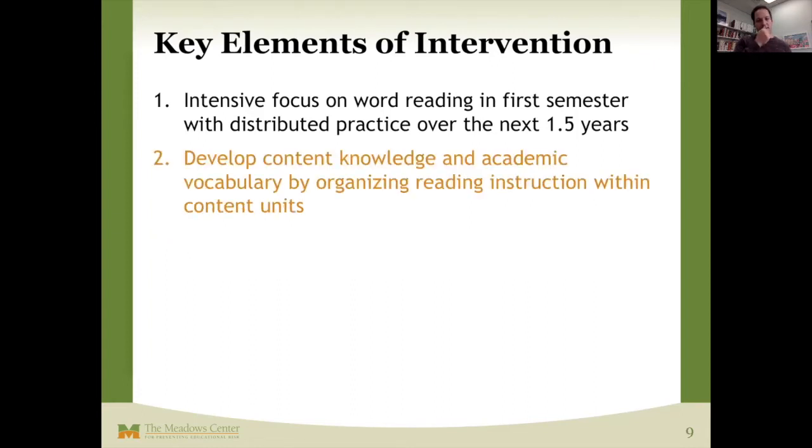The next key instructional element related to the design of our intervention was that instructional lessons were developed in units. And this allowed us to systematically build students' language through content learning. Units lasted 2 to 3 weeks, and they typically focused on a social studies or science topic.